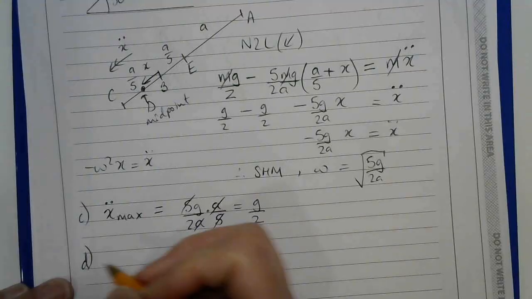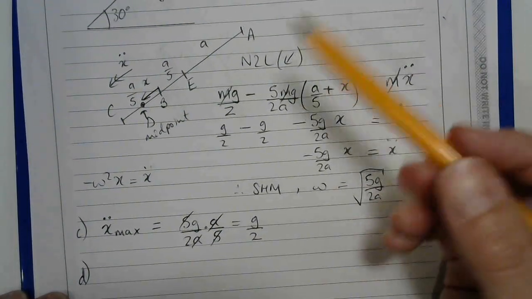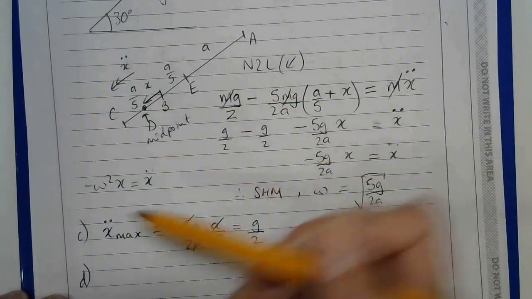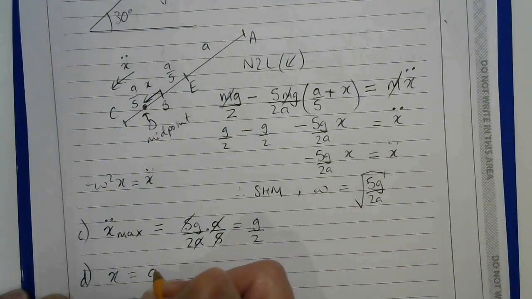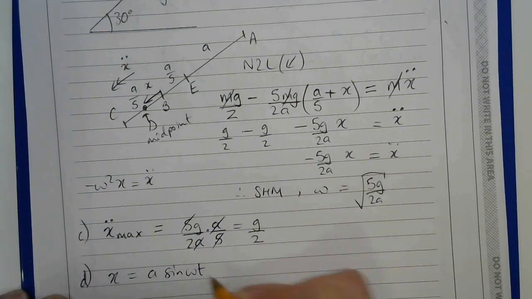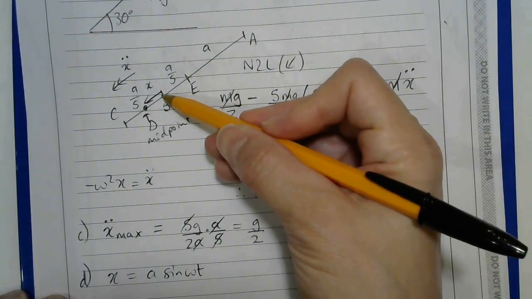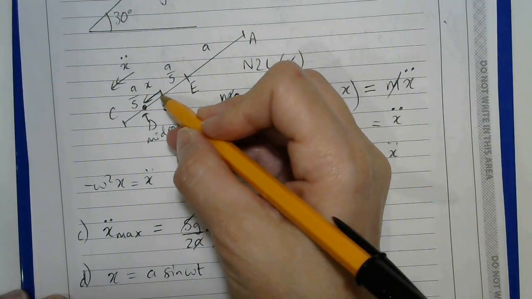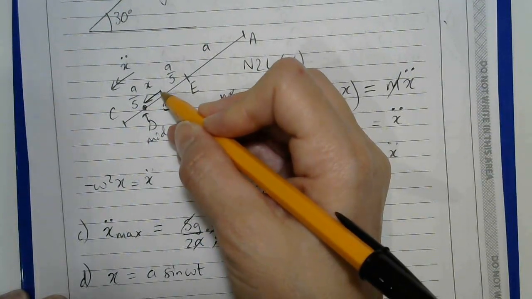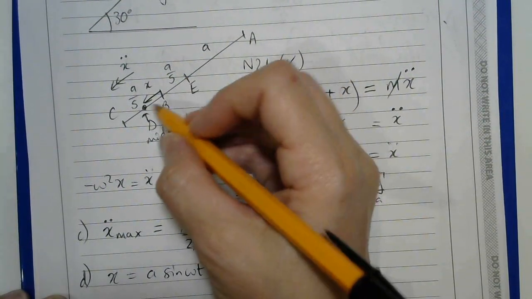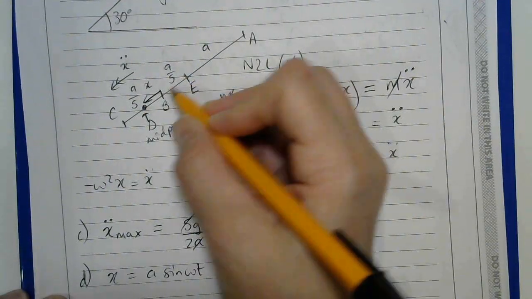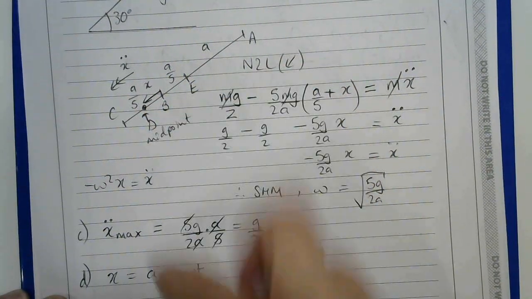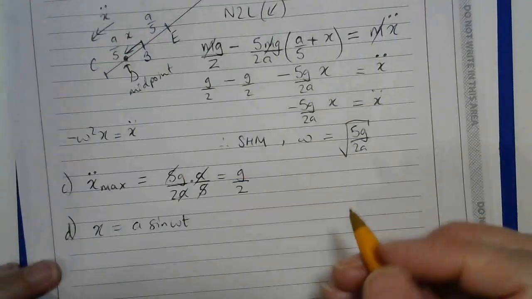Now, if I'm looking for the time taken, I can use x is a sine omega t, and I'm pretending that the motion starts from here, because the time it takes to go from there to there, plus the time it takes to go from there to there, will equal the time it takes to go from there to there. So I can use this formula.